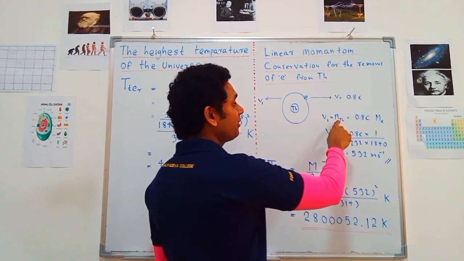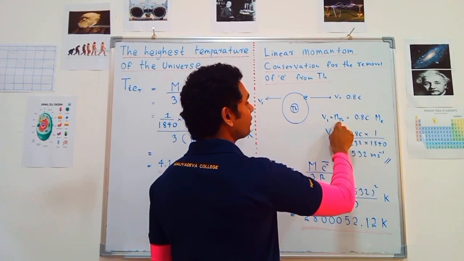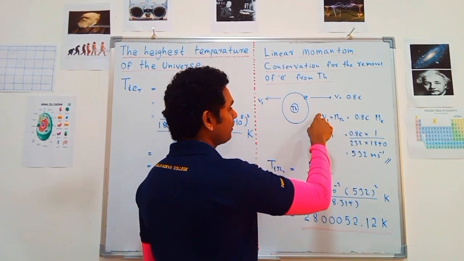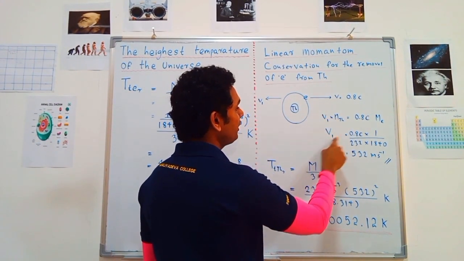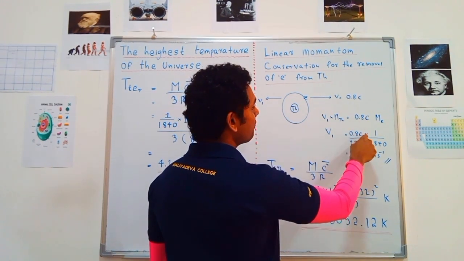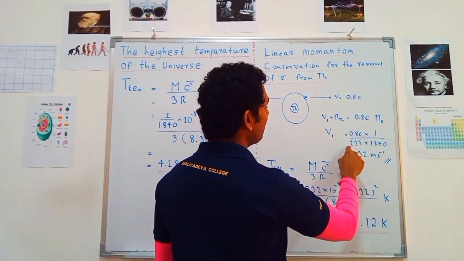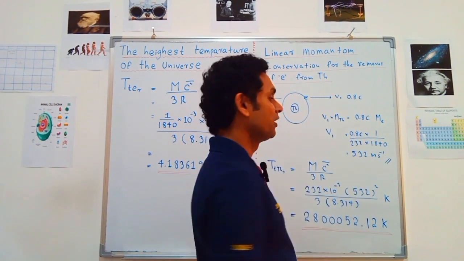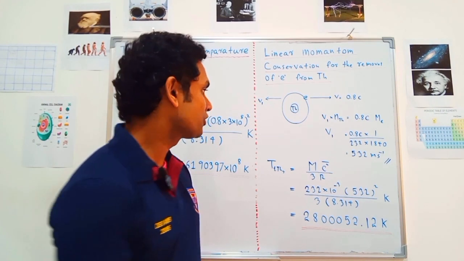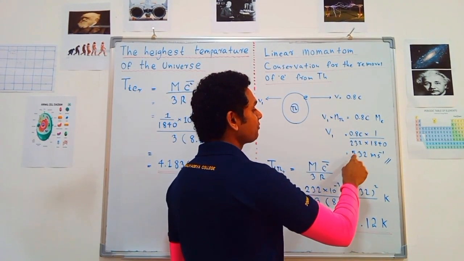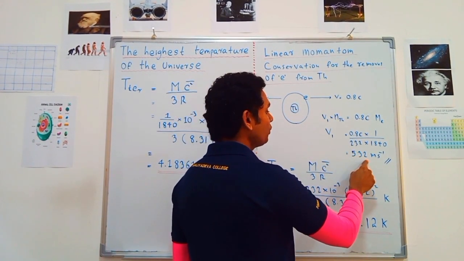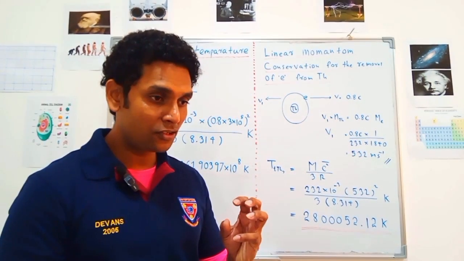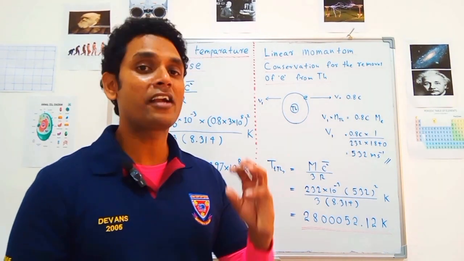We can consider the relative masses only because the other units cancel out. So the velocity of the thorium atom, V1, is equal to 0.8 multiplied by 1 divided by 232 multiplied by 1840 times c. Finally, the value will come as 532 m/s, which is the highest velocity that a thorium atom can achieve.